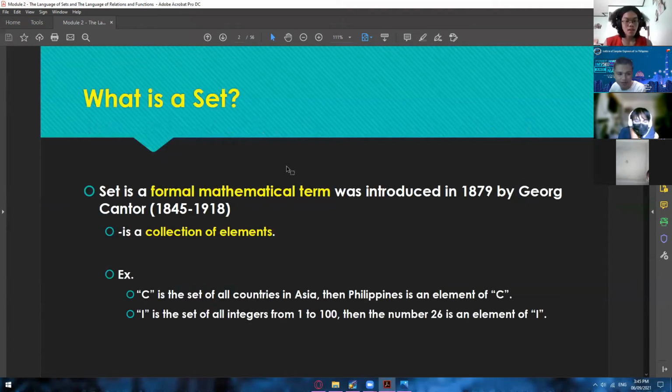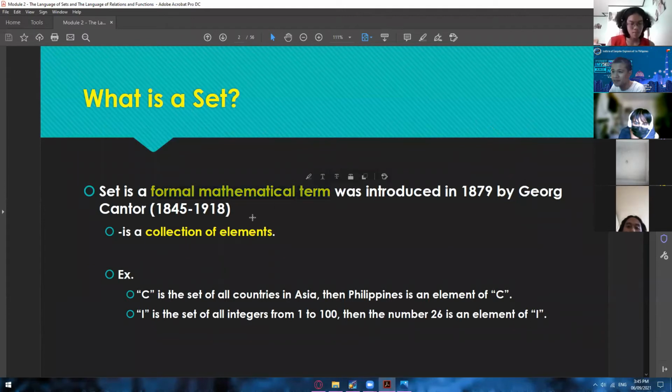So let's start with the question: what is a set? I'm pretty sure you already know the meaning of a set, but in mathematics we call this a formal mathematical term, wherein a set is a collection of elements. For example, C is the set of all countries in Asia.